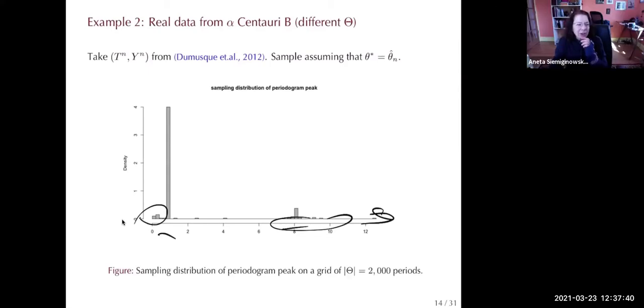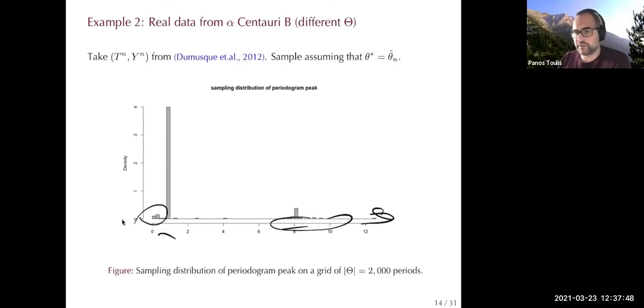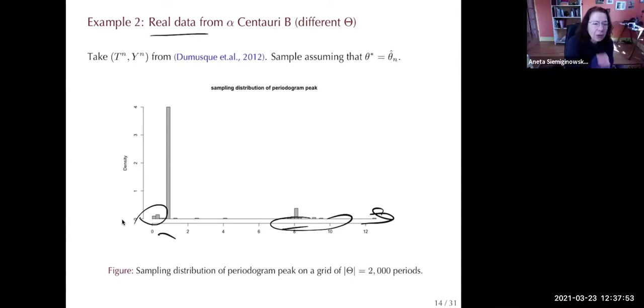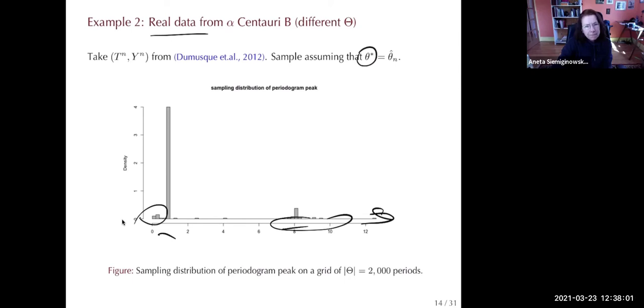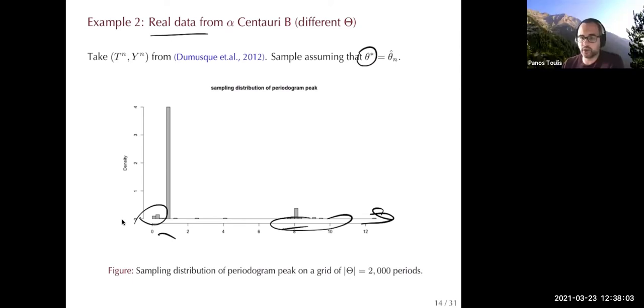So I was wondering, how do you construct the sampling distribution of these peaks, for the real data, for this particular case? Yeah, for the real data, just assume that the true period is exactly at 3.24 days, which is what was reported by the authors.